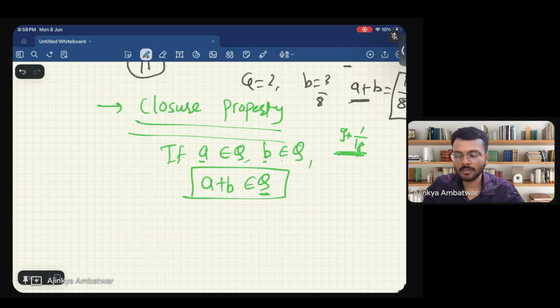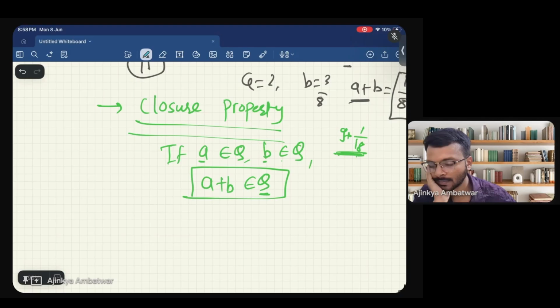What is the answer for A plus B? Try. Do we know how to add rational numbers? Do it.